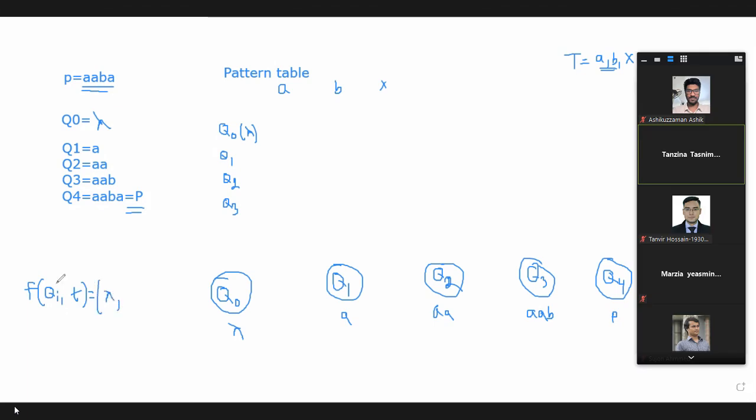And if this state Q0 accepts a character A from the text, then what will happen?